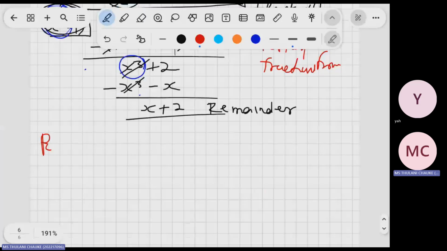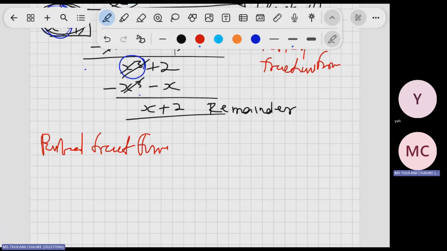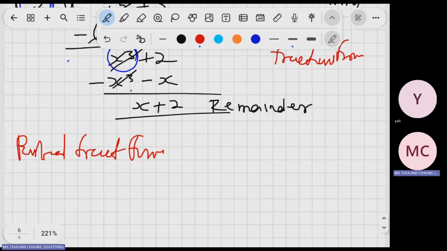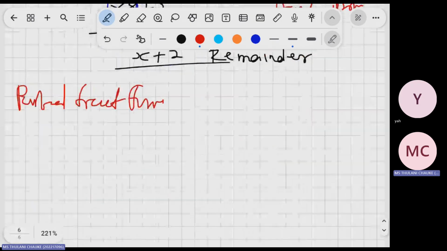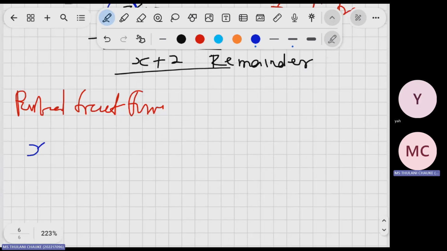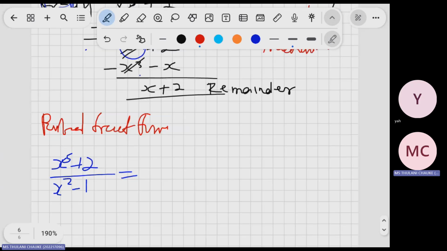So the partial fraction form of this guy, x^5 plus 2 over x squared minus 1, will be equivalent to.